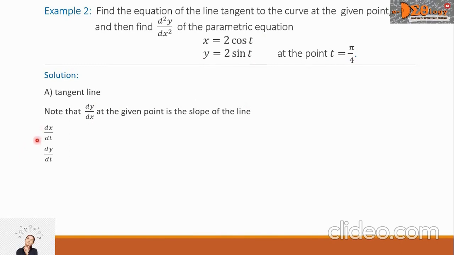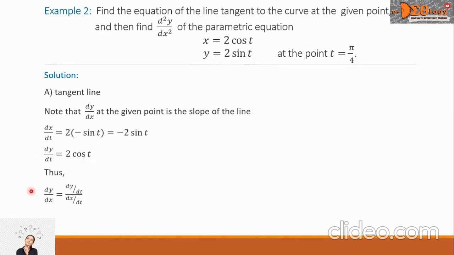This dx over dt is equal to 2 times the derivative of cosine t, which is negative sine t. We can simplify this into negative 2 sine t. Now dy over dt is the derivative of this function y. So we have 2 times the derivative of sine t, which is cosine t.